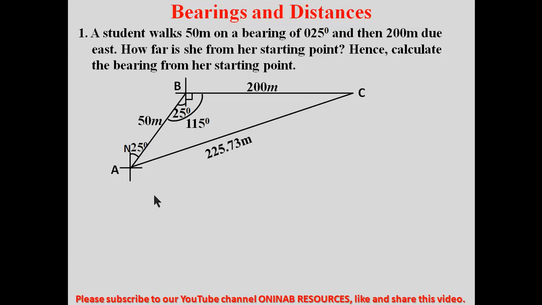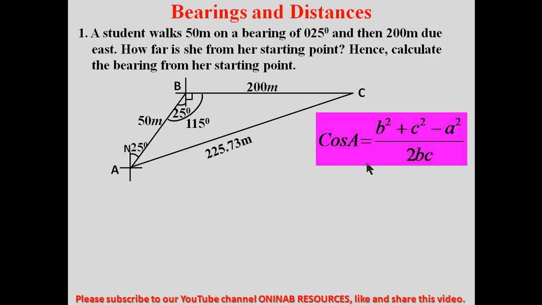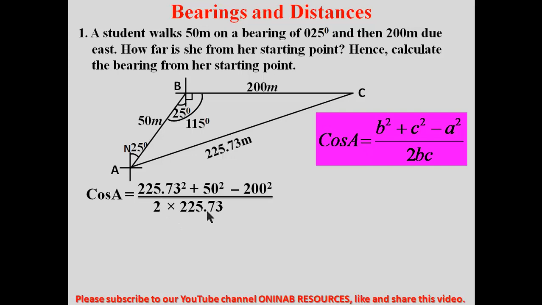So we are going to calculate angle A using the cosine rule. So cos A is b squared, 225.73 squared, plus c squared, c is 50, so 50 squared, minus a squared, 200 squared, over 2 times 225.73 times 50.